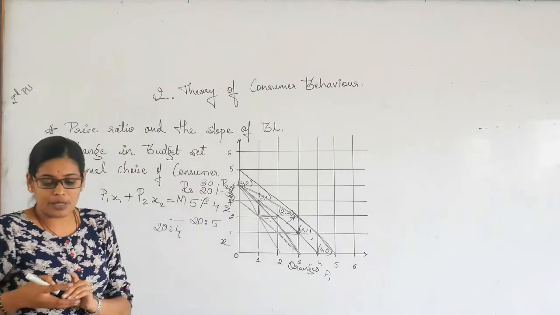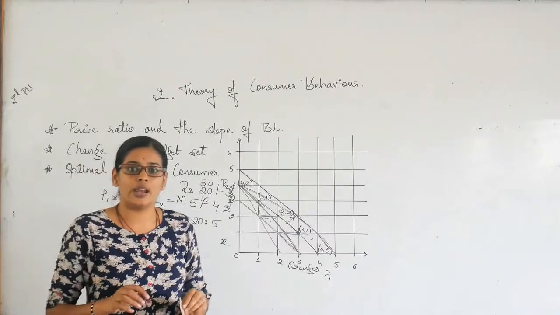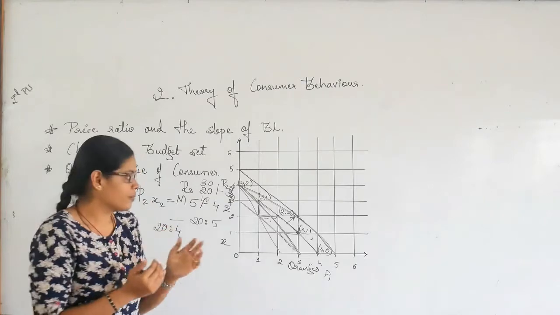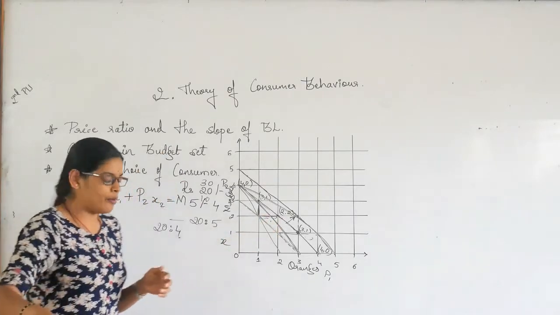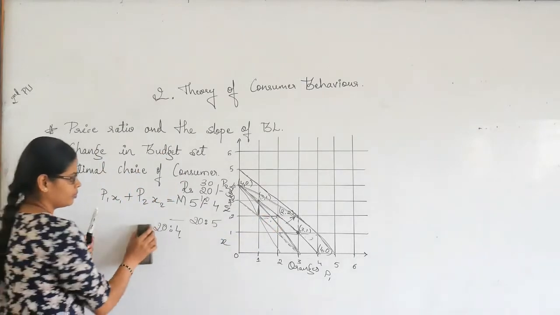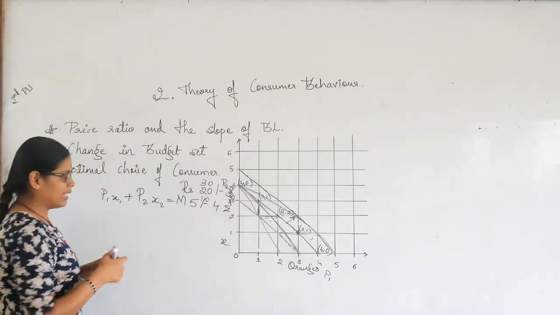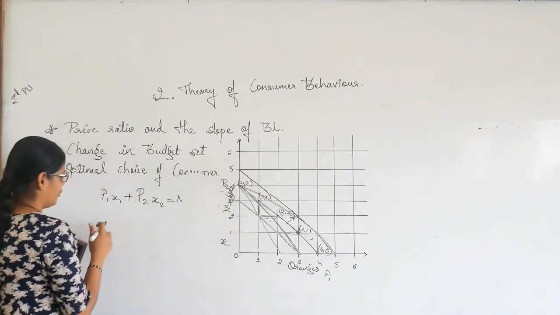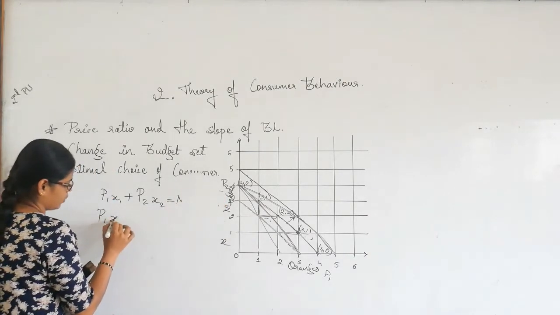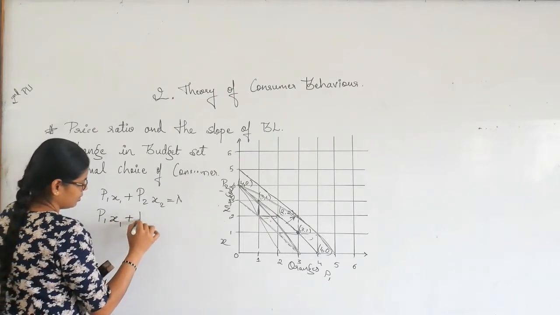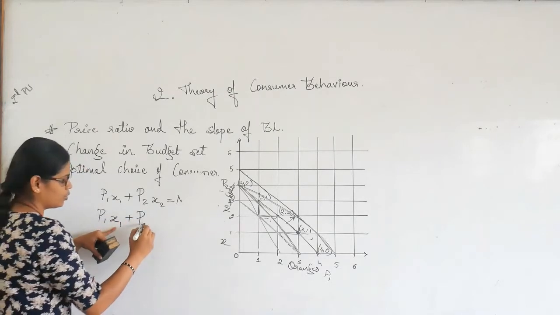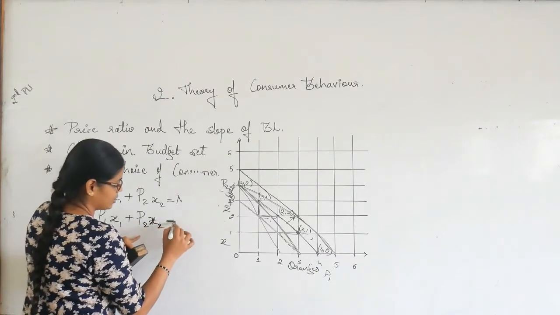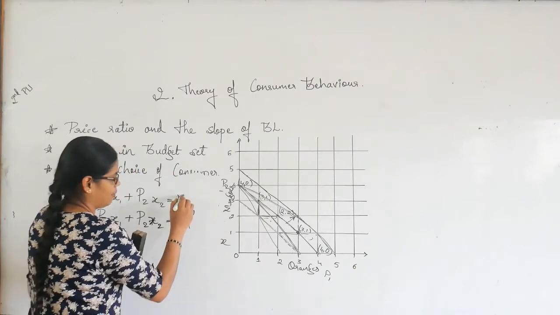So in the change of the budget set, we have two scenarios. In one, the income of the consumer changes from M to M1 or M dash. Okay, if the income increases, then what happens to the equation? We can see that P1 x1 plus P2 x2 is equal to the shifted M dash.